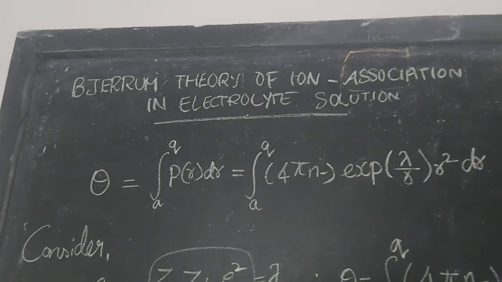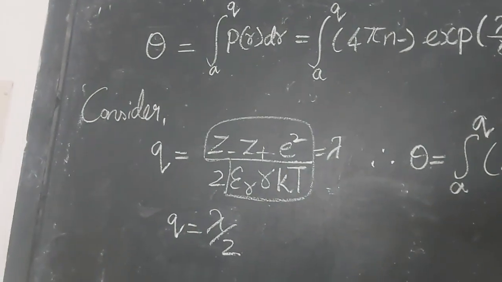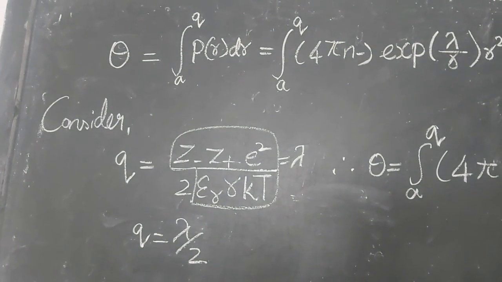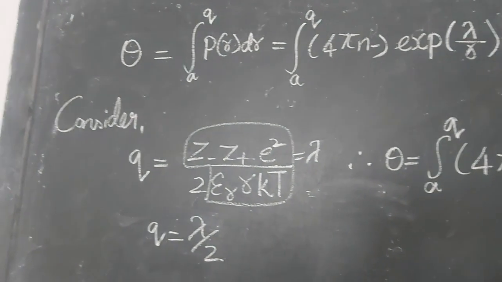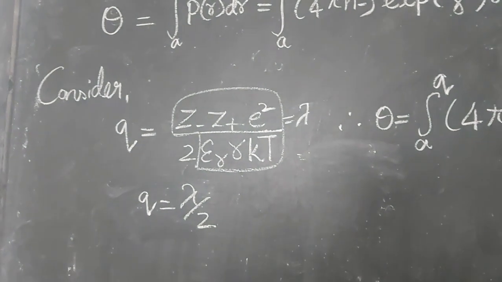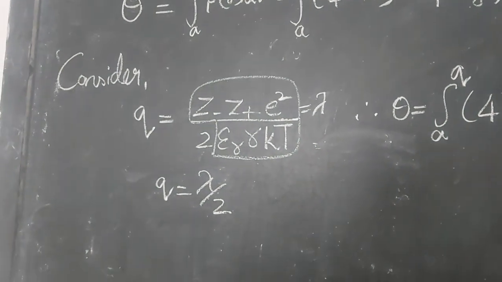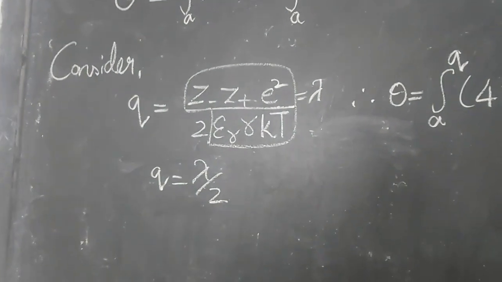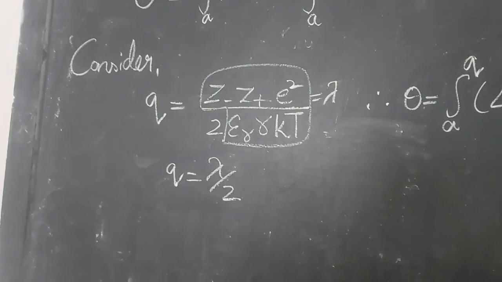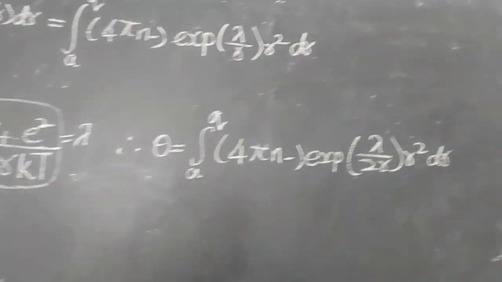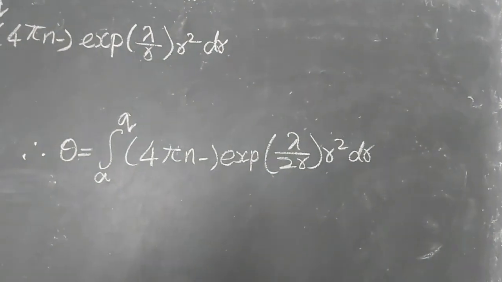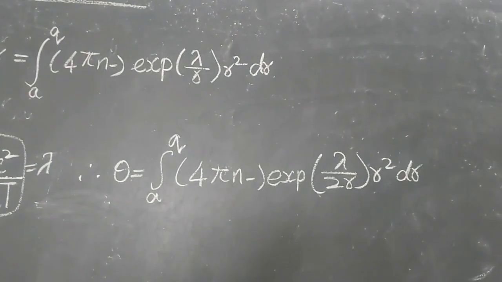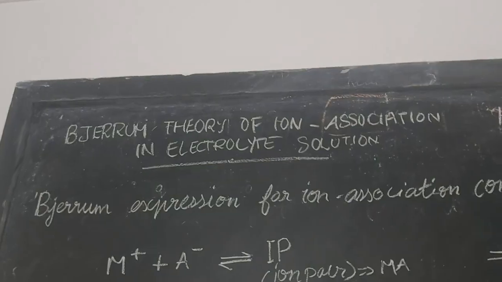Let us consider that q, the charge, equals z minus z plus e square divided by epsilon r into r kT, and this term is already known as lambda. For q, lambda becomes lambda by 2, and the equation of theta will be like this. The only difference is lambda by r is turned into lambda by 2r.